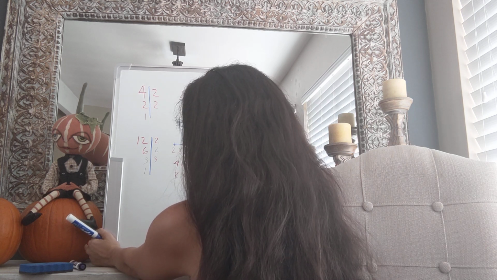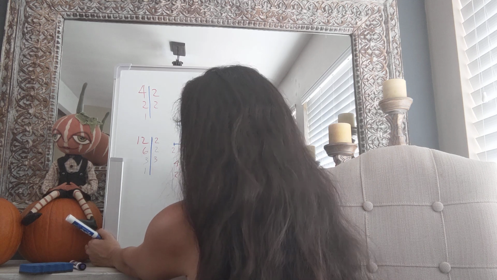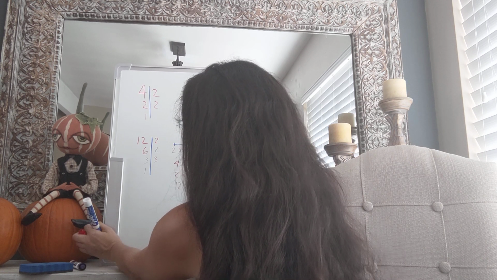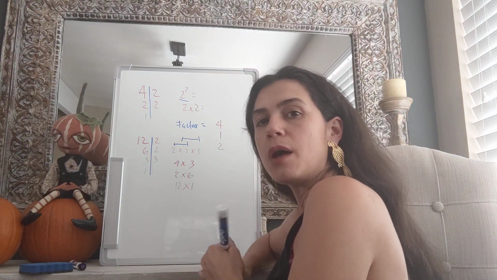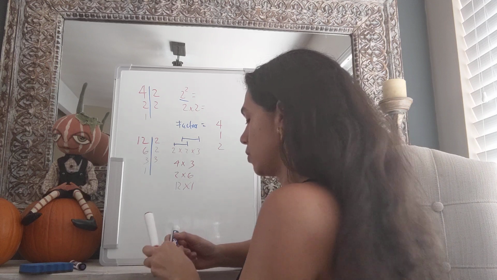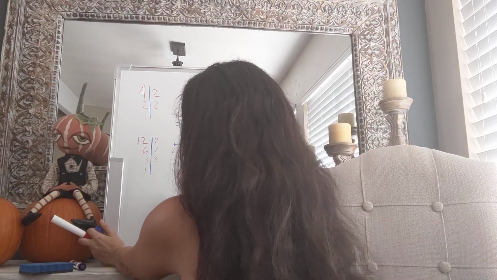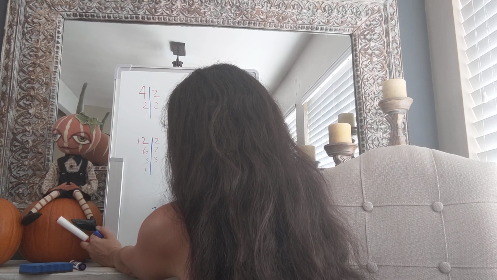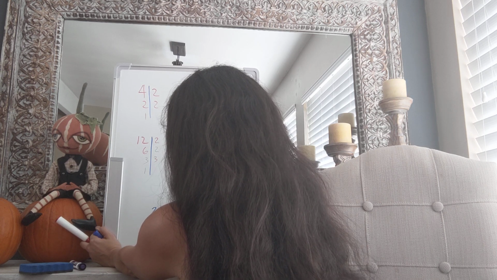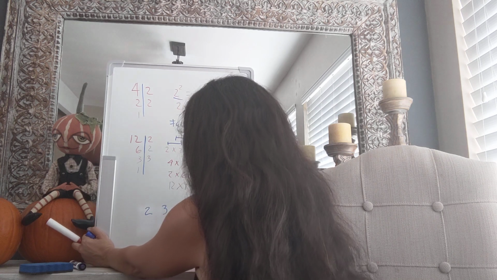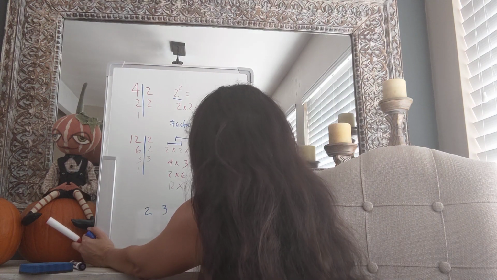And then remember, I also have the 12 and I also have the 1, because any number is divisible by itself and by 1. So what are the factors? The factors are 2, 3, 4, 6, 12 and 1.